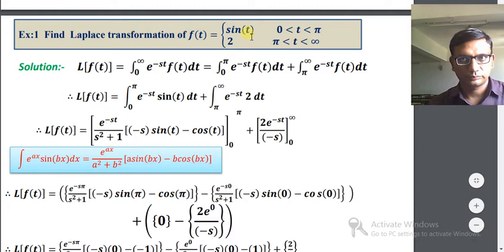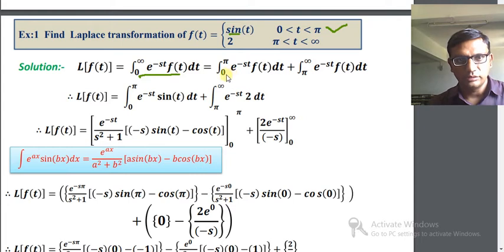First of all, we will write the definition of Laplace. Laplace of f(t) is integration 0 to infinity e raised to minus st f(t) dt. Here our function is discontinuous, so we divide into two parts. The first part is 0 to pi and its function is sin t.